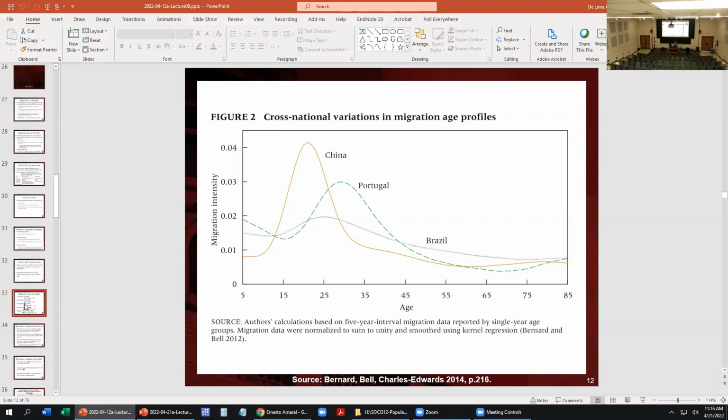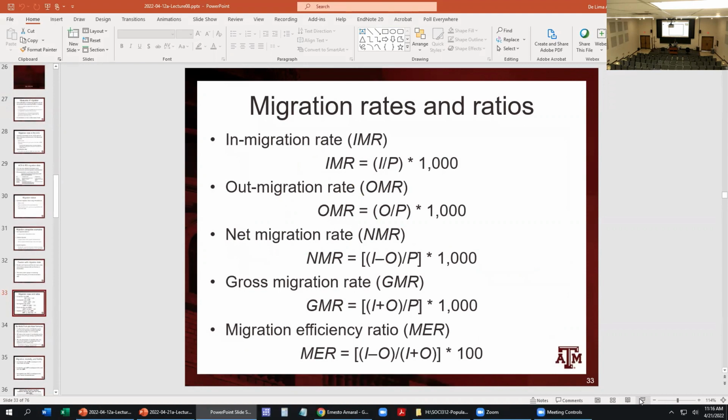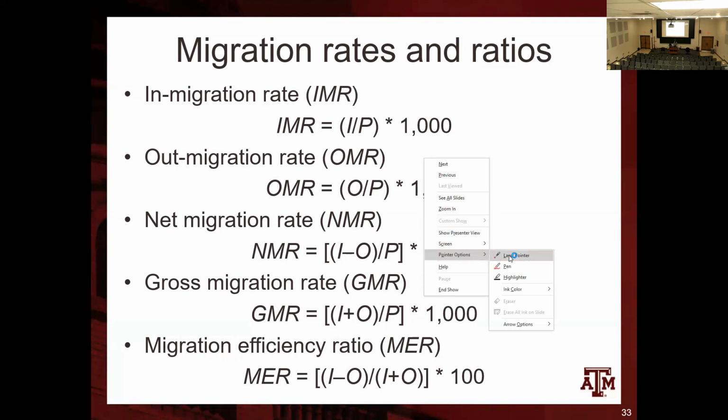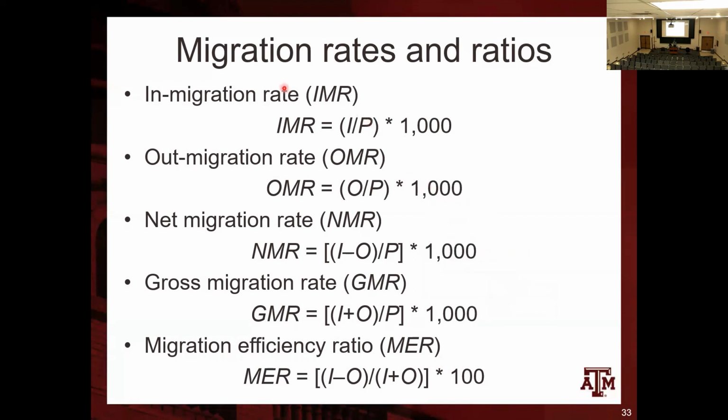And in the previous class, we ended talking about these migration rates and ratios, right? So we have the in-migration rate, the out-migration rate, net migration rate, gross migration rate, and all of them are called rates because technically the denominator of all these formulas is the population at risk of experiencing the event.